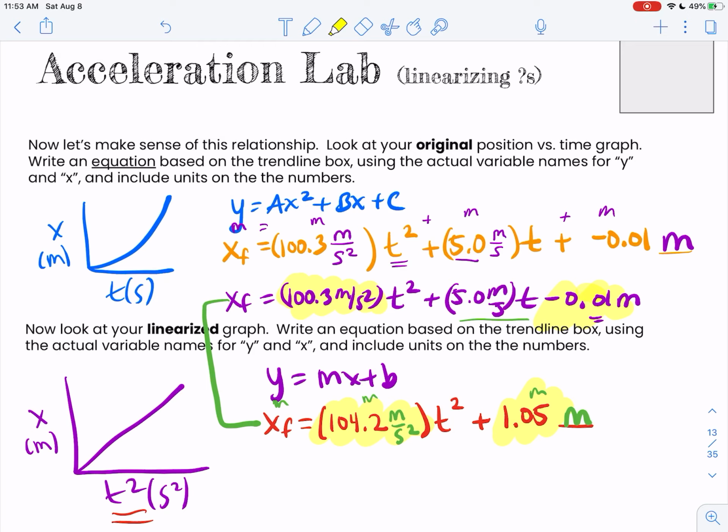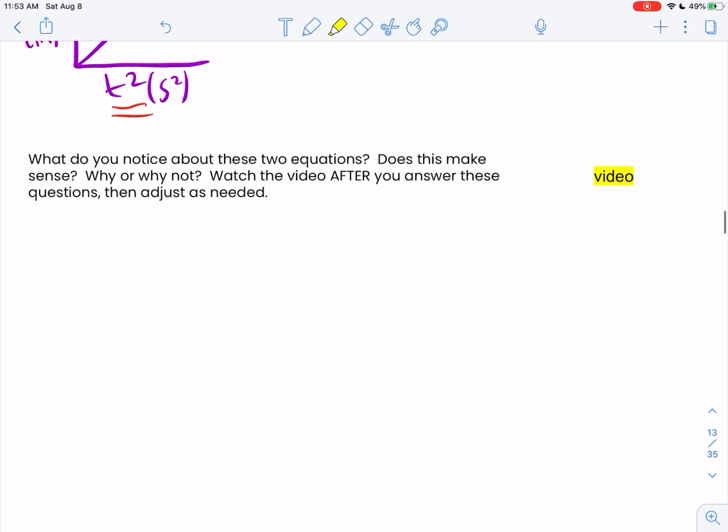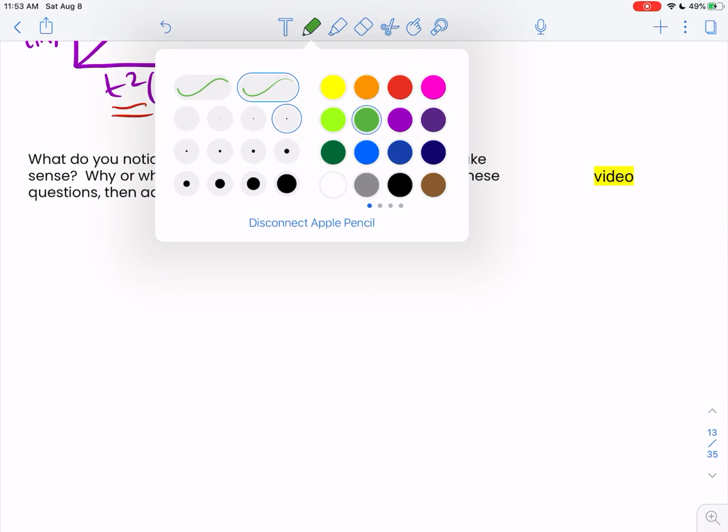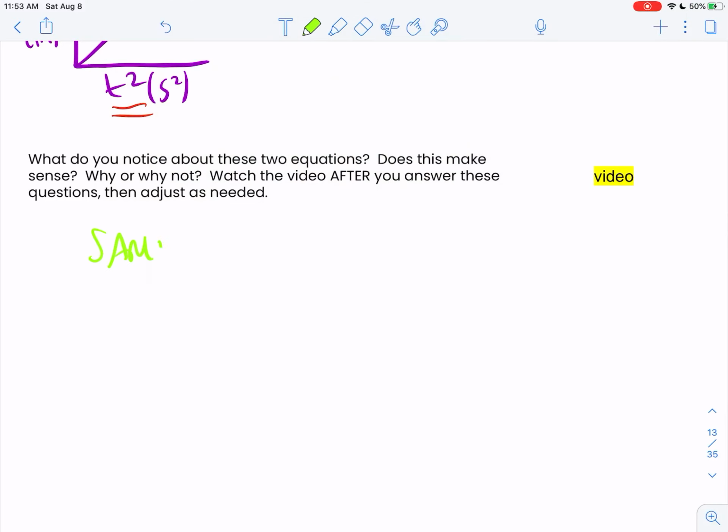So what happens is when this mathematically manipulates and starts changing stuff, the uncertainty propagates through. It makes it worse and worse and worse. But this, in effect, should be the same equation, because this is telling the same story. Same equation, same story. The relationship is the same.